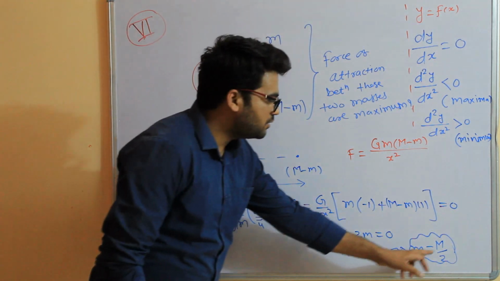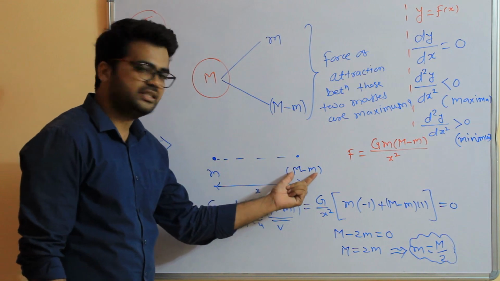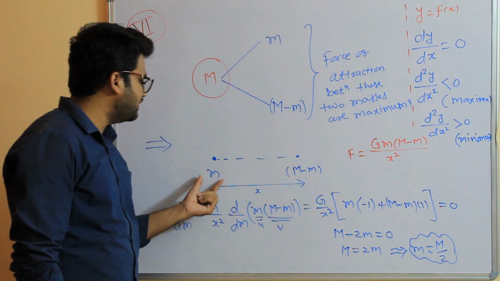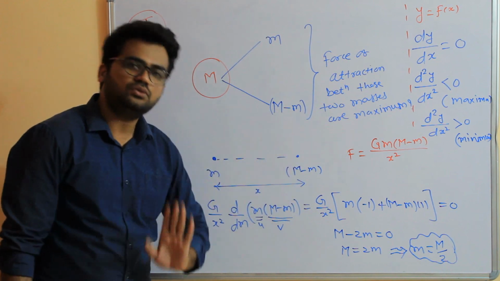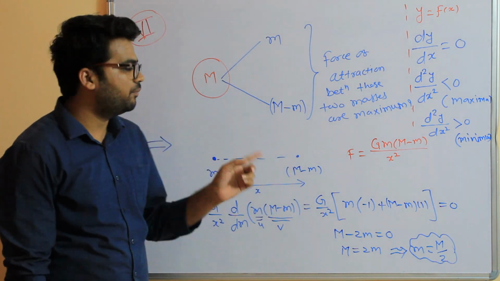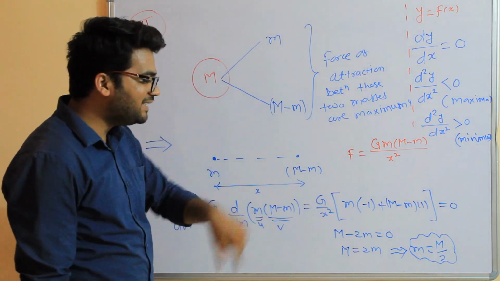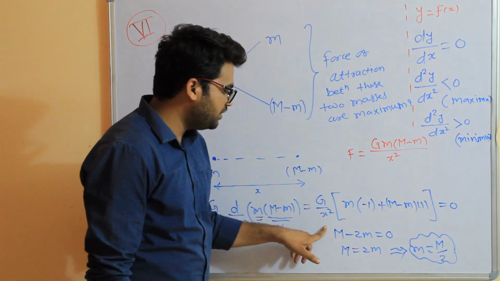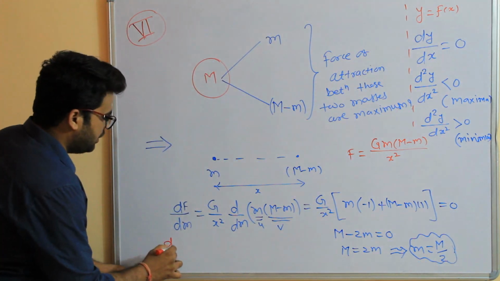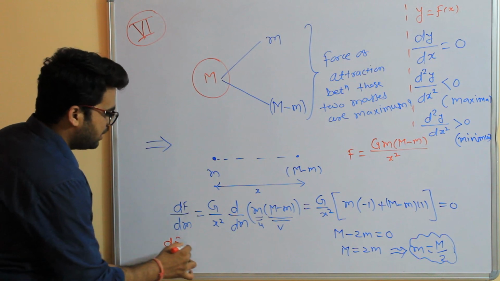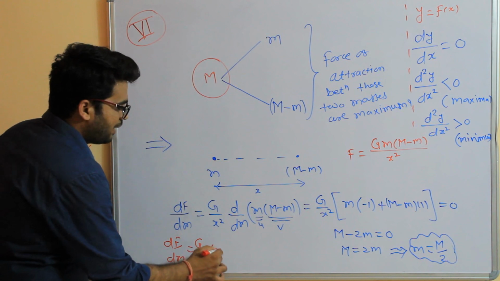So small m is equal to capital M by 2. This represents what? If this mass is capital M by 2 and this is capital M by 2, the force of attraction between these two masses is the maximum. Why maximum? If you double differentiate this term, you will get a minus value. How? See here, df by dm is equal to G by x squared in bracket capital M minus 2m.